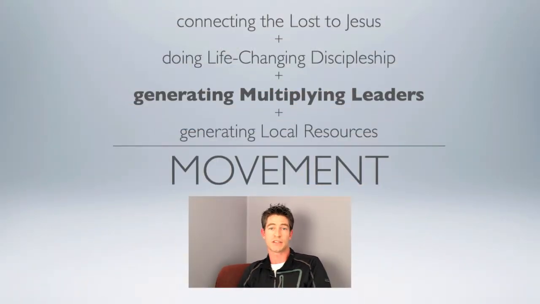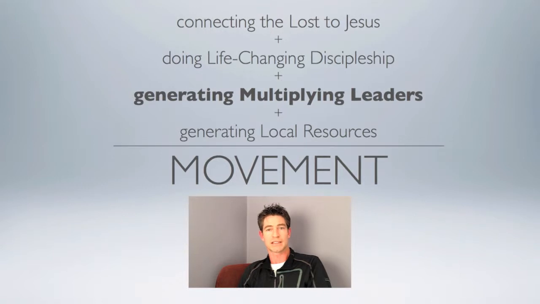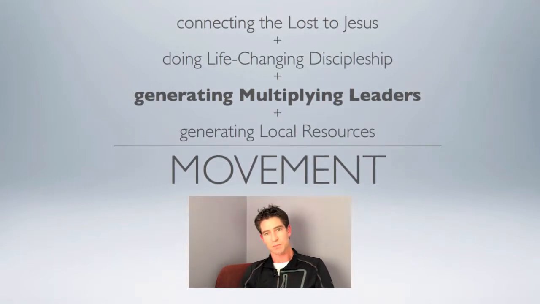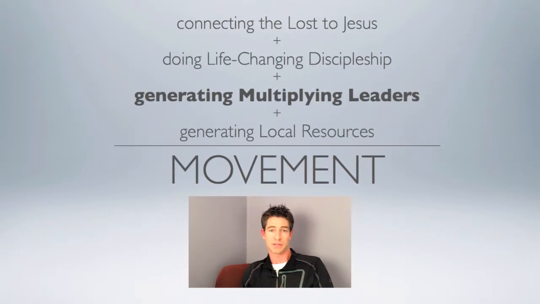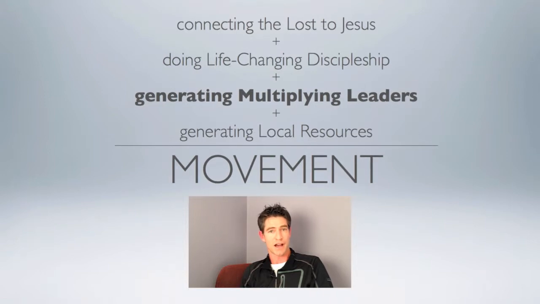But as a movement grows, step 3 and 4 happen. Step 3 is generating multiplying leaders. So this is students who are actually doing step 1 and 2 on their campus. They're sharing the faith with others and they're discipling other students. So it's not staff workers only doing this, it's actual students on their campus.